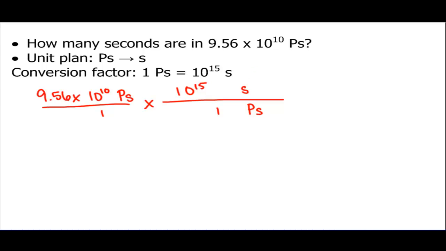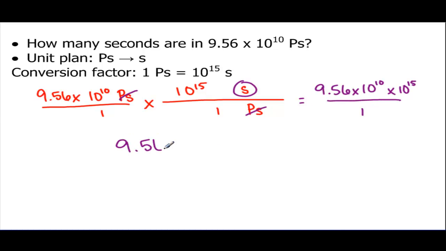All right, so now we can check and see that things cancel and we're left with what we want. So we get 9.56 times 10 to the 10 times 10 to the 15 over 1 as far as our numbers go. So you can plug that into your calculator or remember that you add your exponents, and your answer is 9.56 times 10 to the 25th seconds.